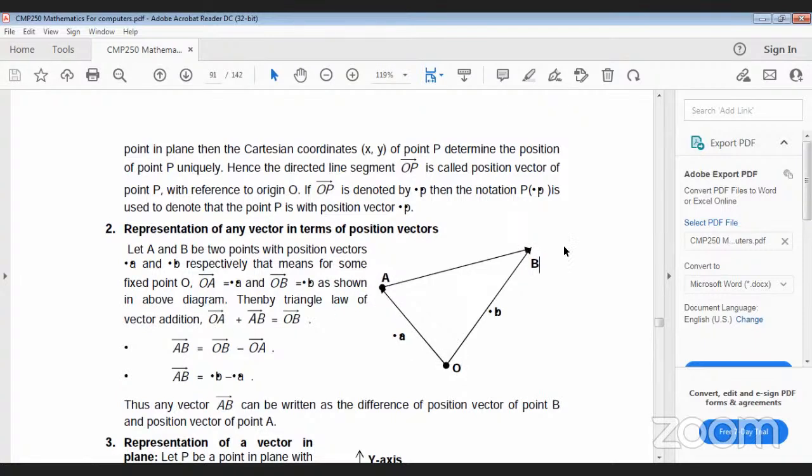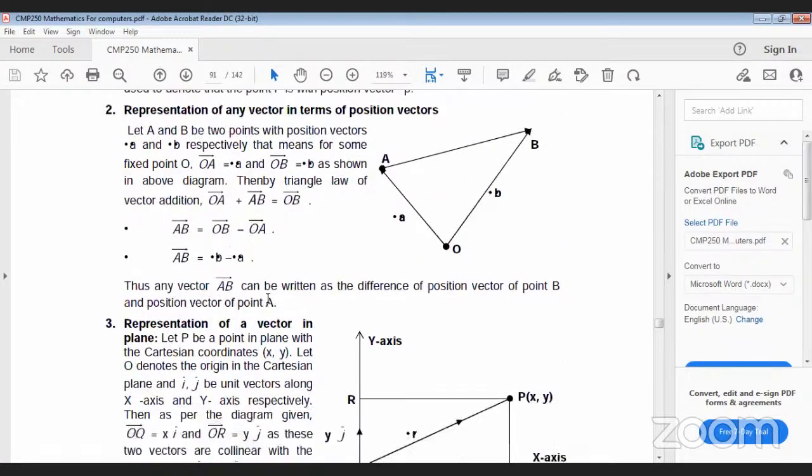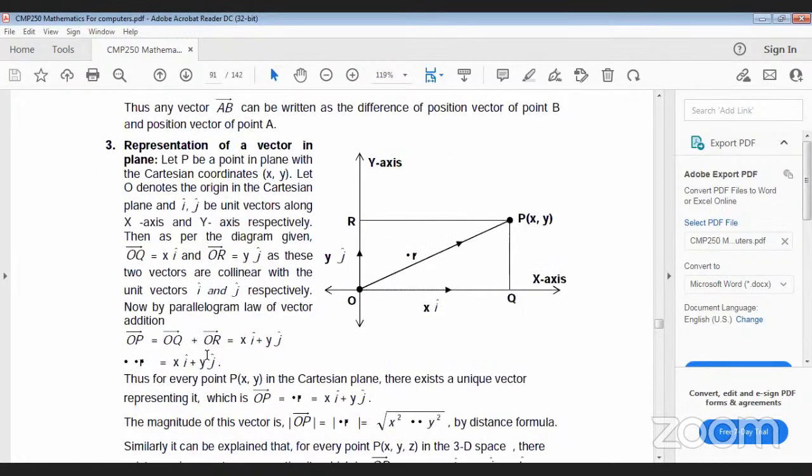So OA plus AB equals OB. So AB will be OB minus OA. Representation of a vector in a plane. Now plane is introduced, and a plane is a 2D figure.